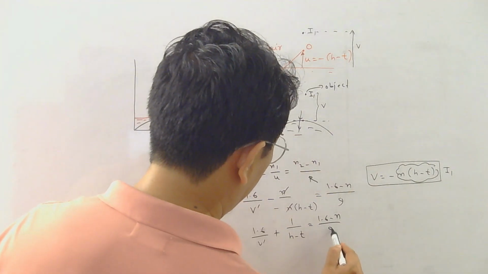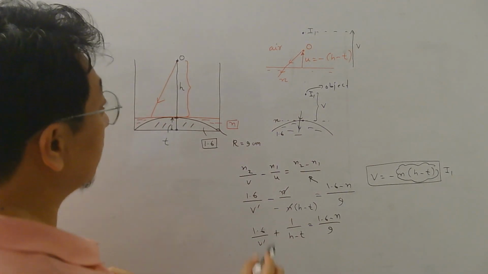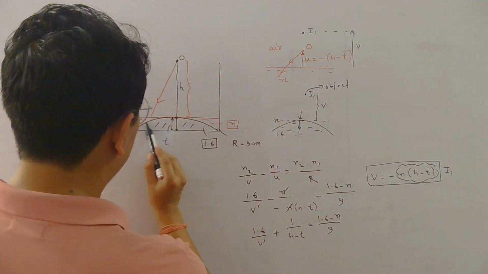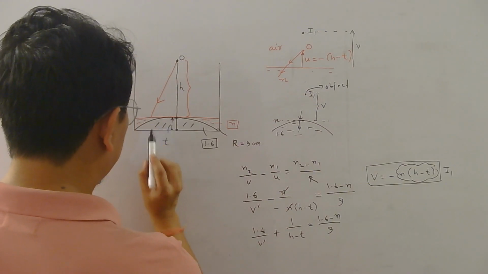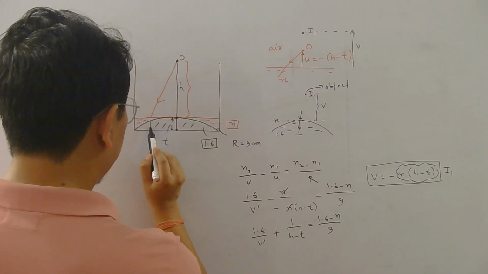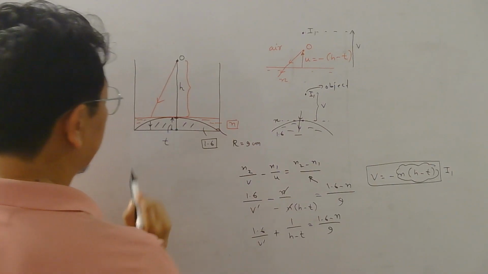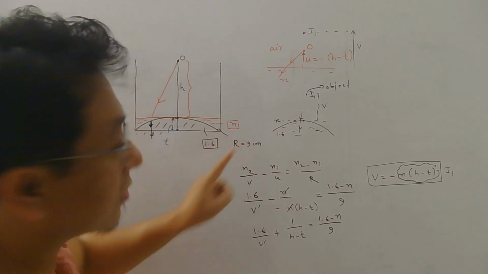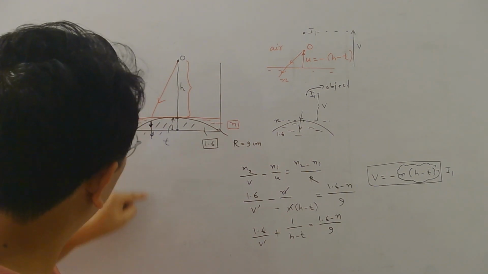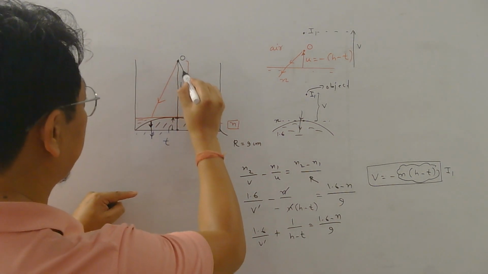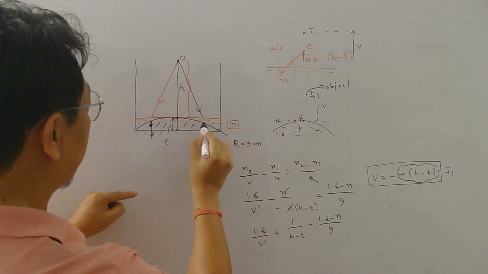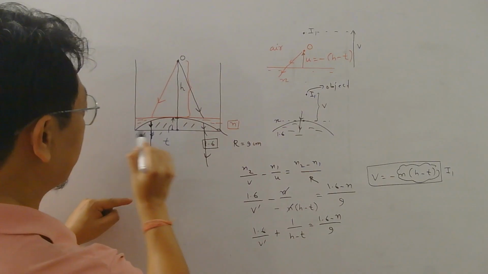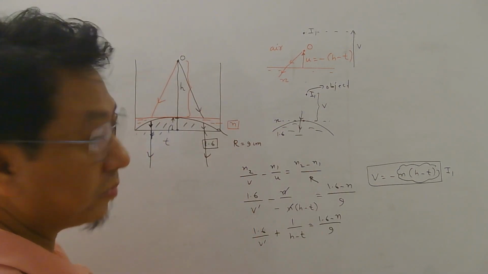Now we know that the light after crossing this surface must come this way, right? Then only it will go back. Therefore, if this mirror was not there, where will the image be formed?